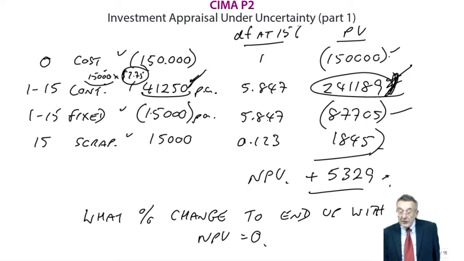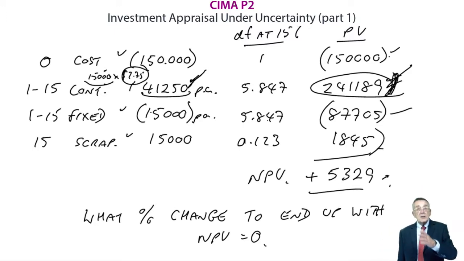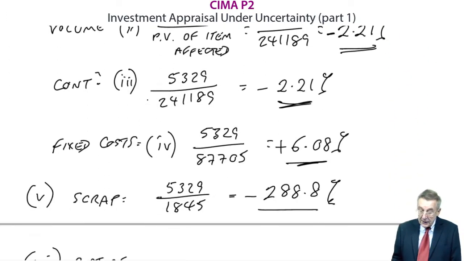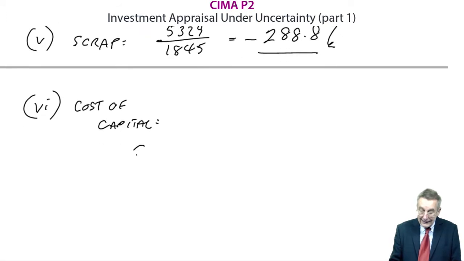So for this one, we need a different approach. I need to know what cost of capital would give an NPV of 0. And of course, from 2 or 3 chapters back, by definition, we're going to need to calculate the internal rate of return. So let's calculate the internal rate of return.